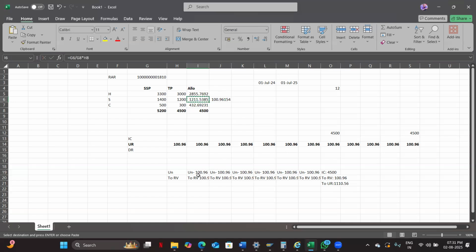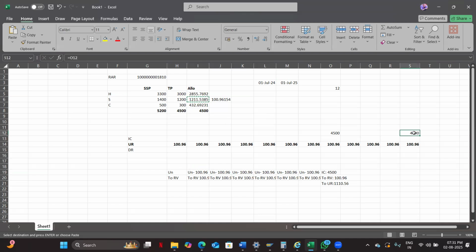So why did I calculate this much amount? Because this is based on a hardware item. Here also they recognize the full amount as unbilled. Let me add those things also. Otherwise, we can take this much amount, 1211.